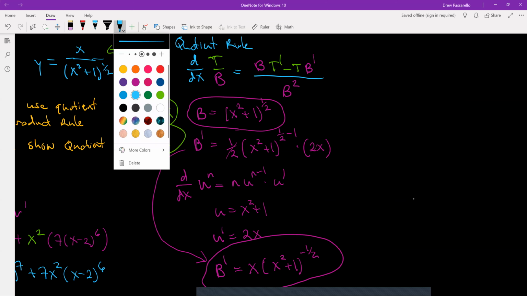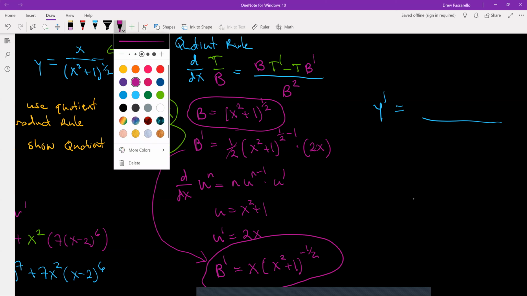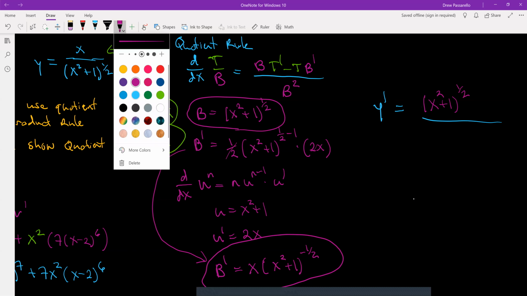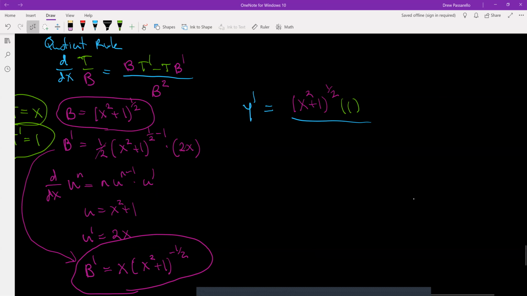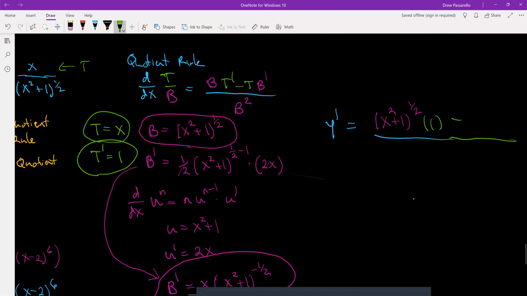So y prime. We have the bottom function times the derivative of the top function. The bottom function is x squared plus 1 to the 1/2. The derivative of the top function is 1. It's going to be minus, and then the top function times the derivative of the bottom function.